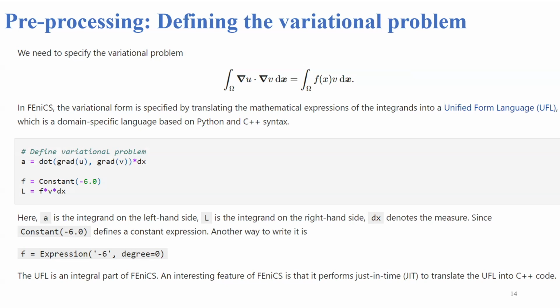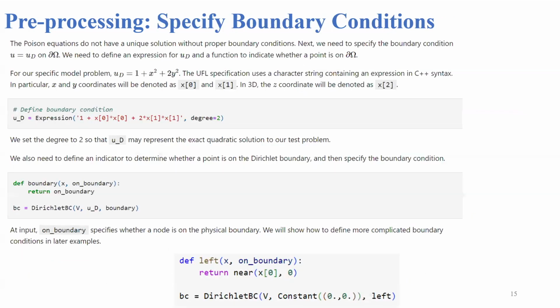So now the equation can be rewritten as L, the right hand side, equals f v dx. And here a is the integrand on the left hand side, L is the integrand on the right hand side, and dx denotes the measure. Since the constant minus 6 defines a constant expression, another way to write f is as an expression like this. The UFL is an integral part of the FEniCS library and also of other libraries as well.